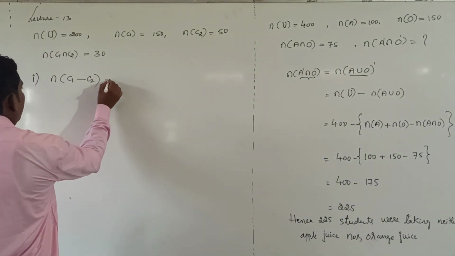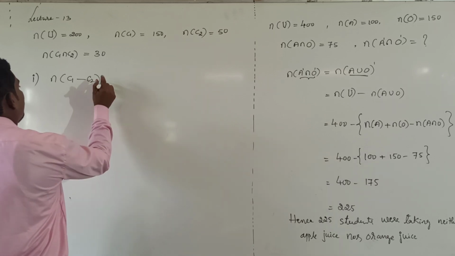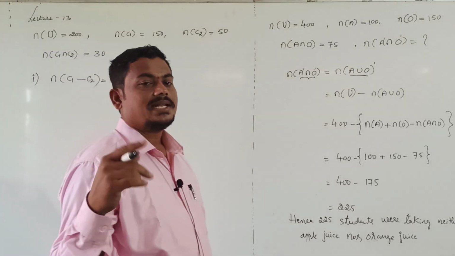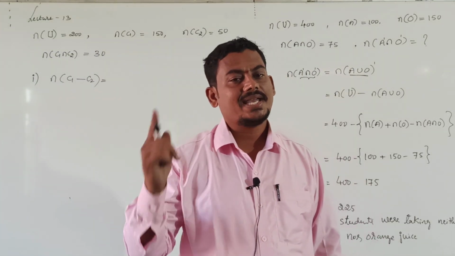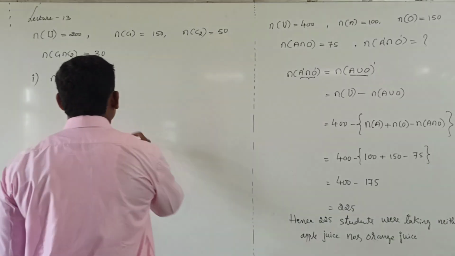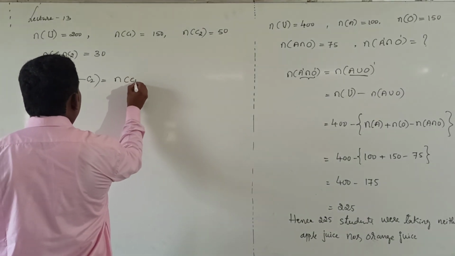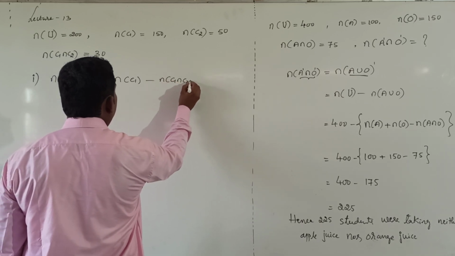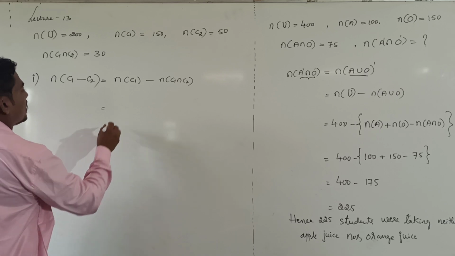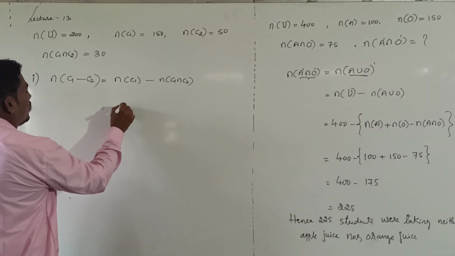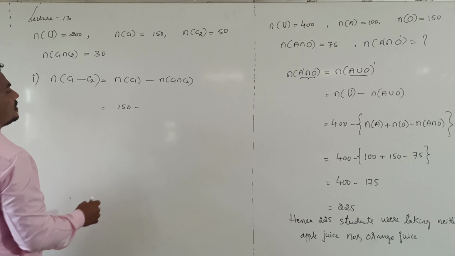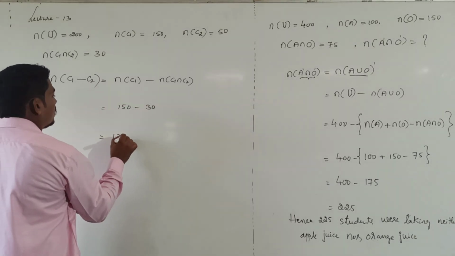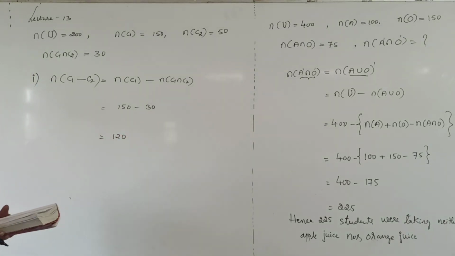What is the formula? Number of elements in A minus B is equal to number of elements in A minus their intersection. So number of elements in C1 minus common elements, that's equal to C1, they have given 150, minus from both the chemicals 30, so it will be 120.